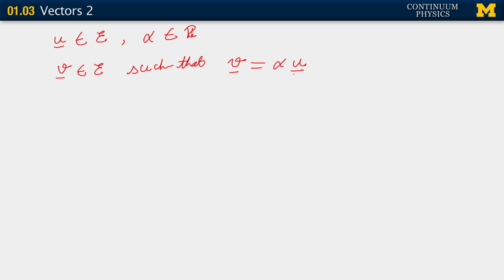What this simply means is that the scalar multiplication of a vector gives us another vector. Basic enough and straightforward enough.